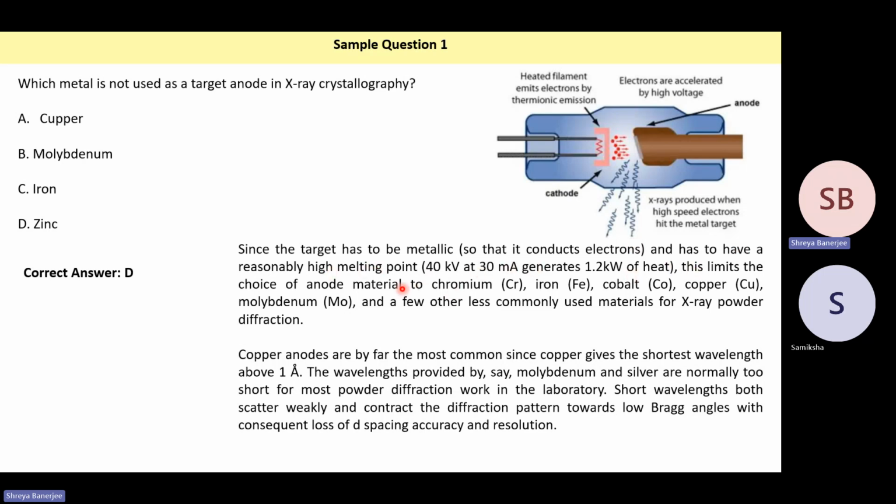There are few metals which fall within it: chromium, iron, cobalt, copper, and molybdenum. So these five you can remember. Anodes are generally made out of these five materials. Zinc is not very good at conducting electrons because it has a completely filled d shell of electrons, so it is not very free to move around. So you just remember these five metals which are good to be used as anodes.